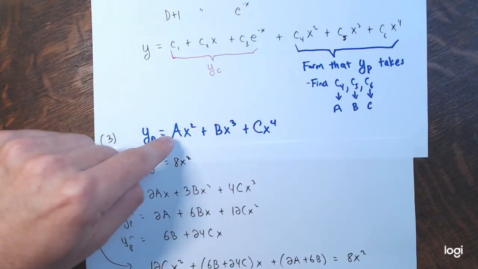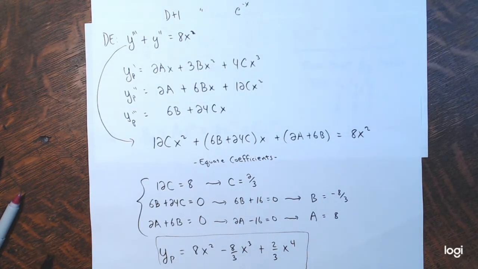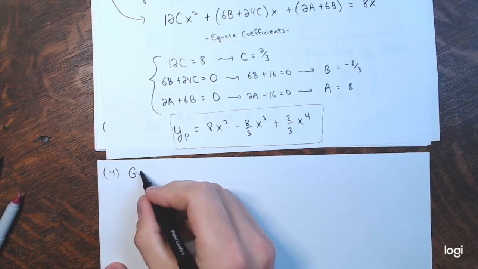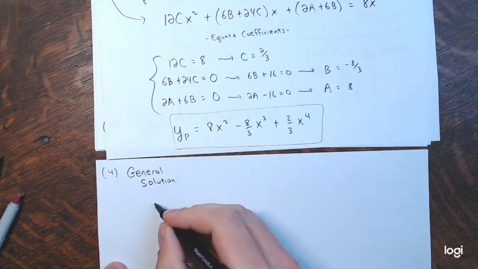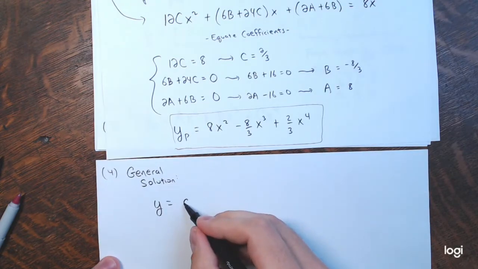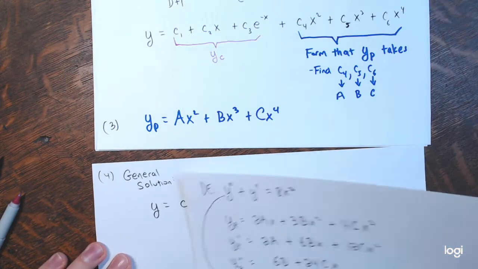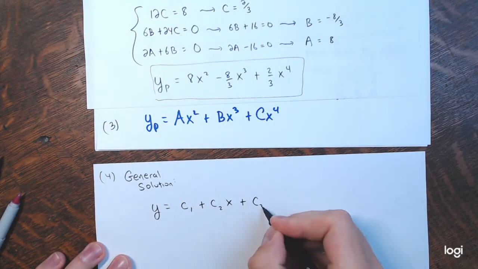All right, going back here. And that's not it, though. Now that I have found a particular solution to this equation, and I know the general solution to the corresponding homogeneous, I can now state the general solution. Right? This was part 4. The general solution of our original differential equation is y equals, again, some constant c1, plus, let me go back here, c2 times x, plus c3 times e to the negative x.